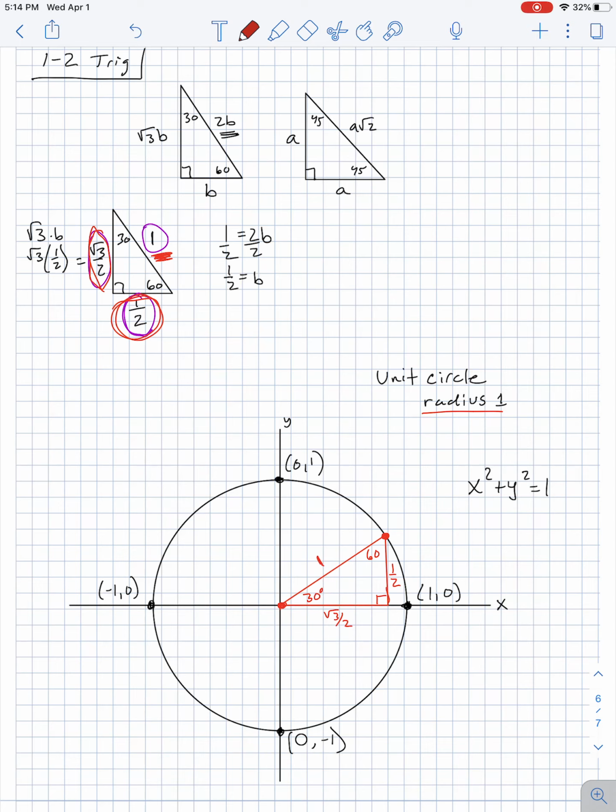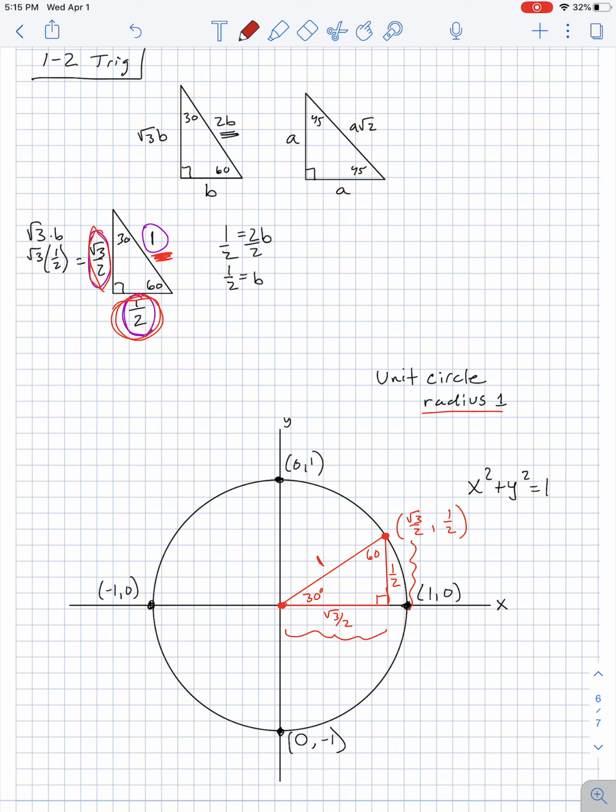So from 0, 0, I'm going to go over root 3/2. That's this distance right here. And I'm going to go up 1/2. That's this distance right here. That's how I get to this point. So I can construct a coordinate in the xy coordinate plane that is also on this unit circle.